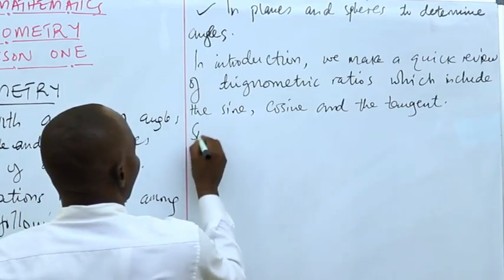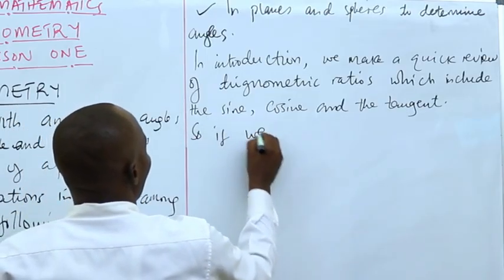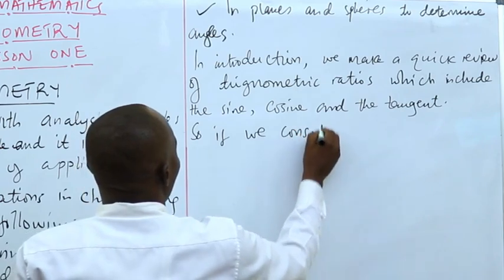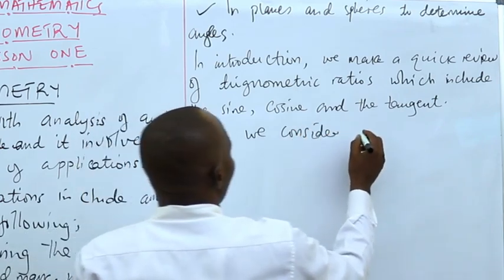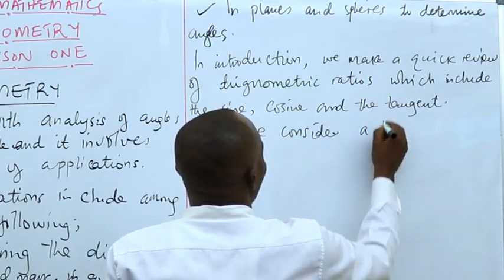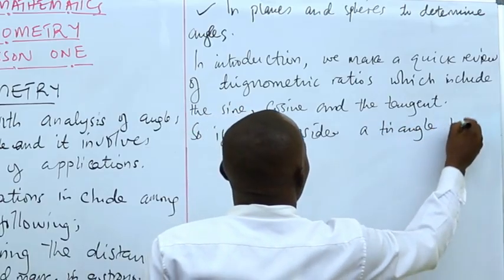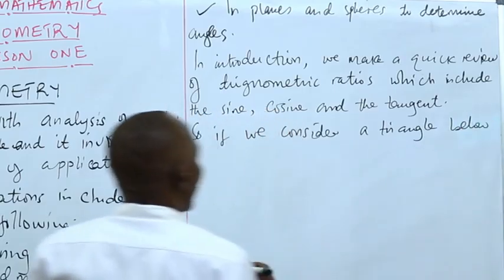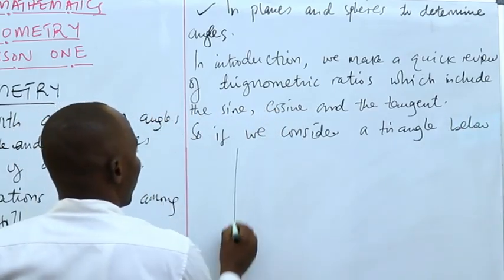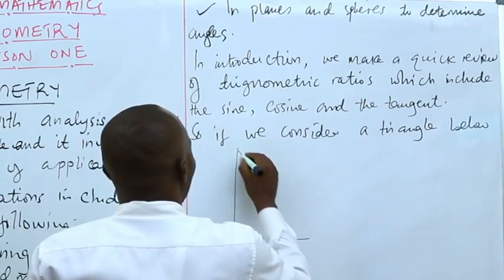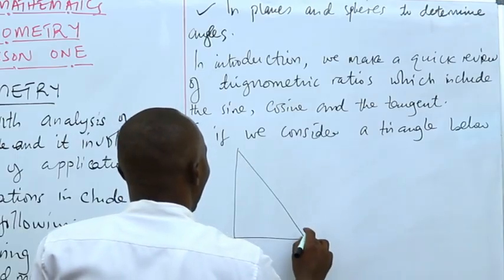So if we consider a triangle below, it is right angled in nature as you can see.